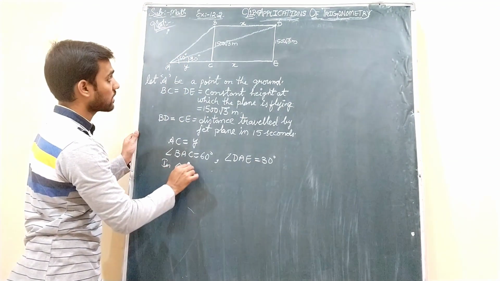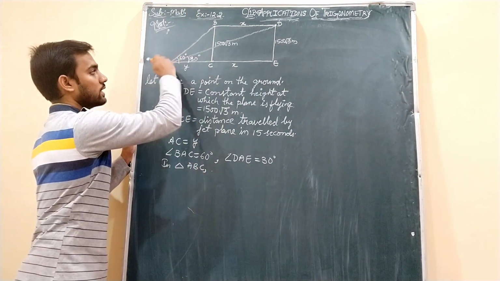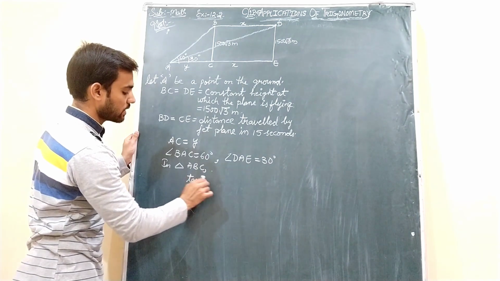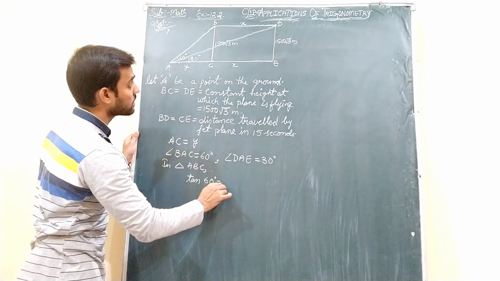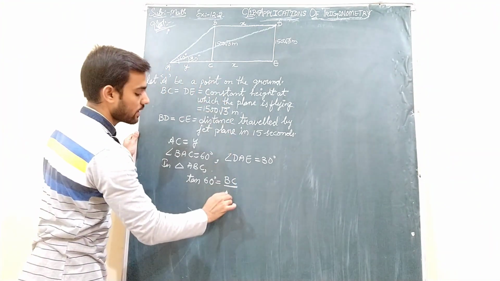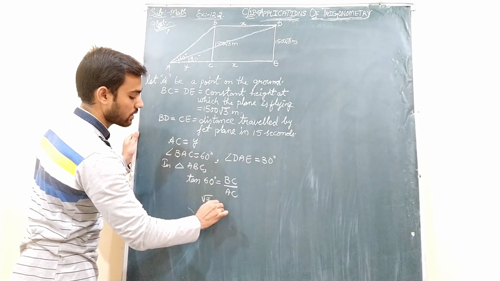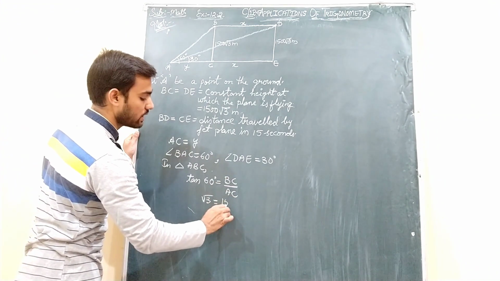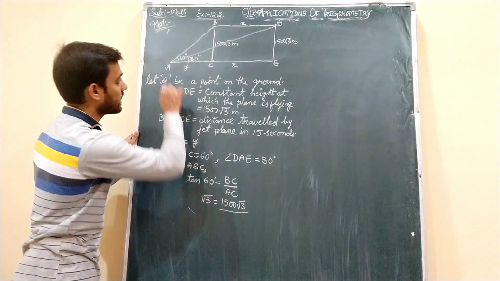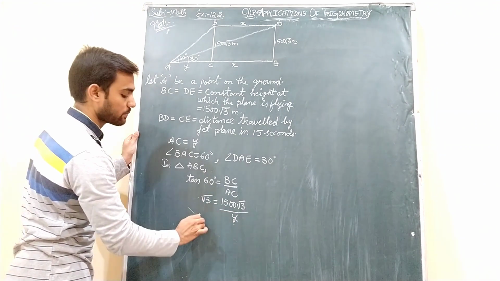In triangle ABC, opposite and adjacent sides are involved, so I am taking the tan ratio. Tan 60 degrees is the opposite side BC over the adjacent side AC, students. Tan 60 value is root 3. BC is 1500 root 3 because it is the constant height of the plane, and AC I have taken as Y. So root 3 into Y; I will transpose root 3 over there.